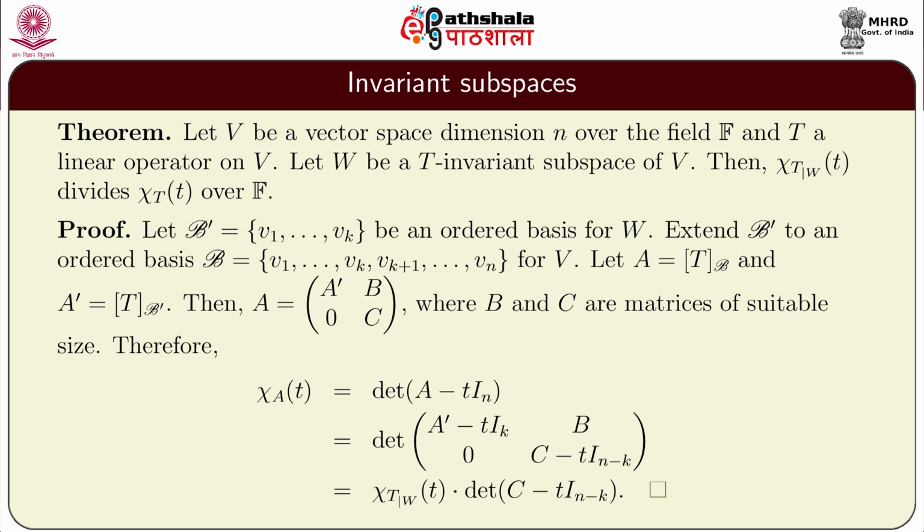You can see that A dash is a k cross k matrix, because it is the matrix representation of that operator T restricted to W with respect to the basis B dash, and this size of the matrix A has to be n cross n.